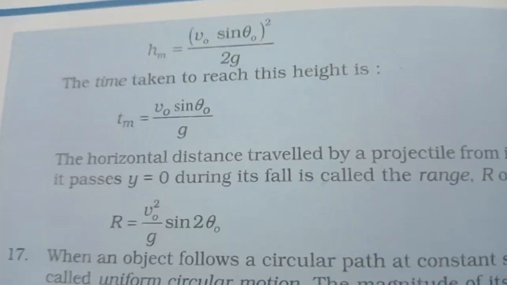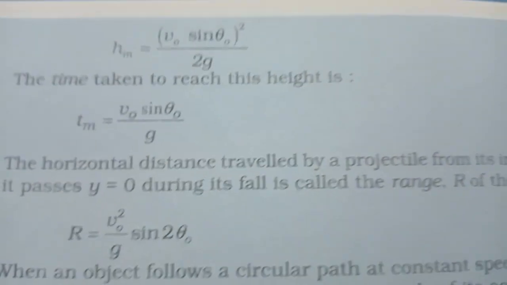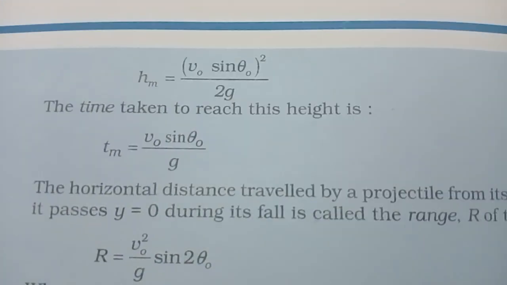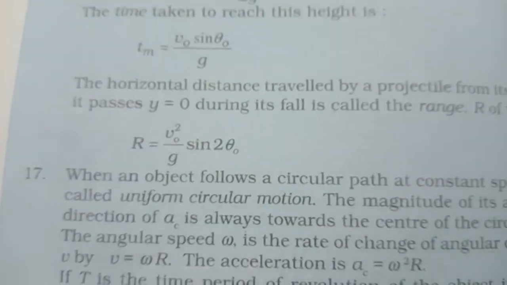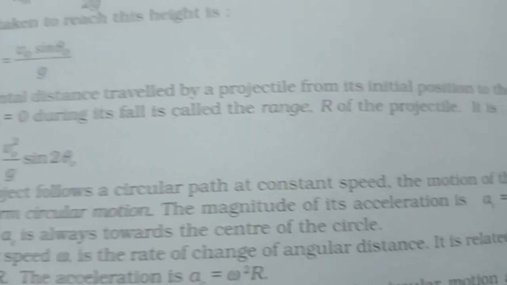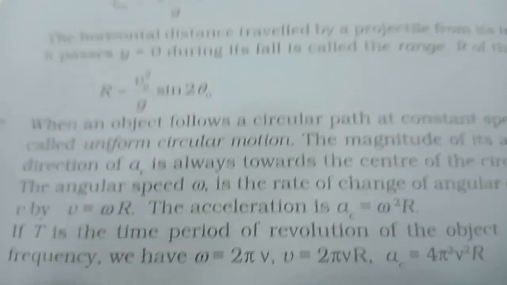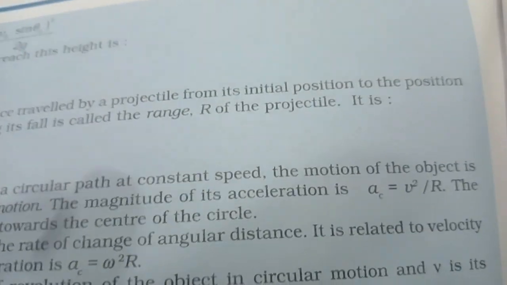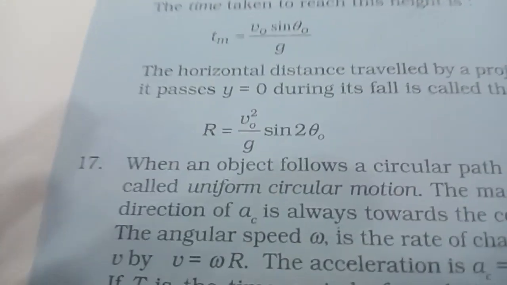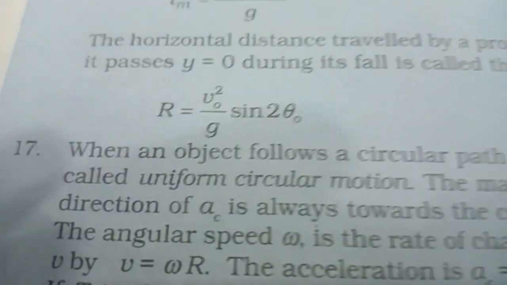The time taken to reach this height is tm is equal to v naught sin theta naught upon g. The horizontal distance travelled by a projectile from its initial position to the position it passes y is equal to 0 during its fall is called the range R of the projectile. It is given by R is equal to v naught square upon g sin 2 theta naught.